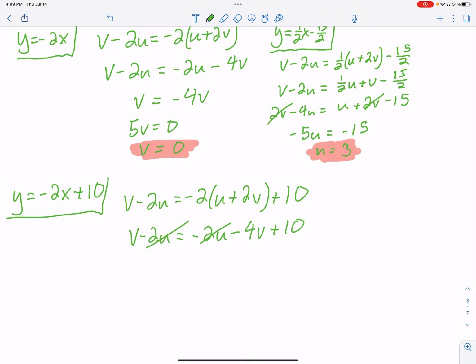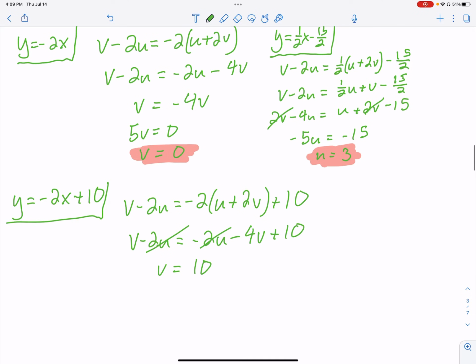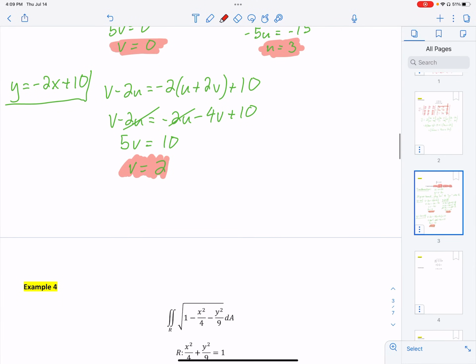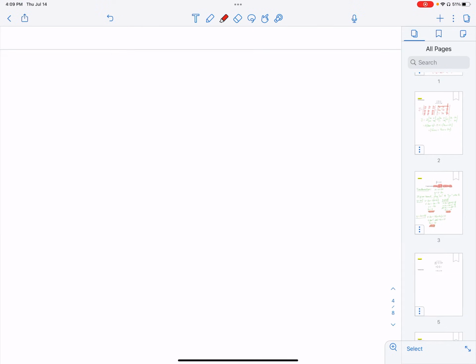Those go away. I add 4v over, and I get 5v equals 10, which means v equals 2. I'm going to keep that one. I got one more here.